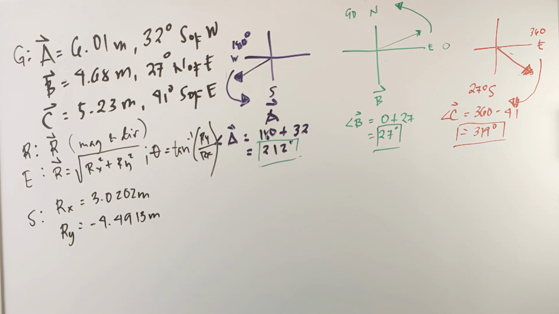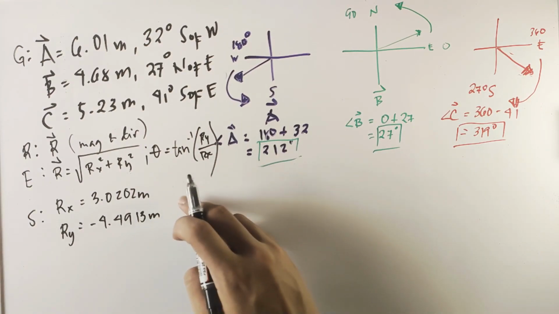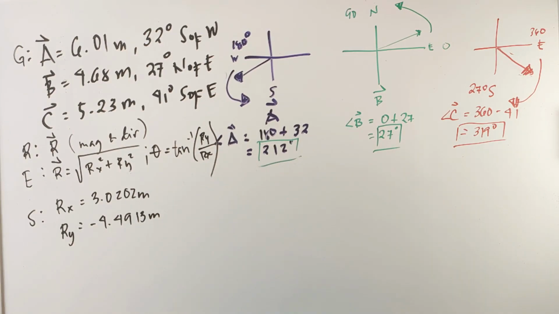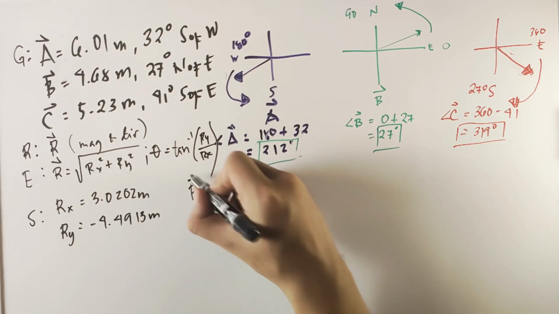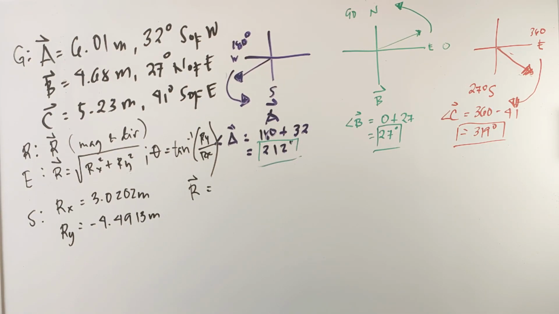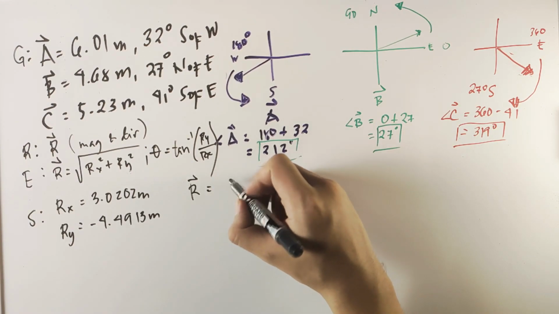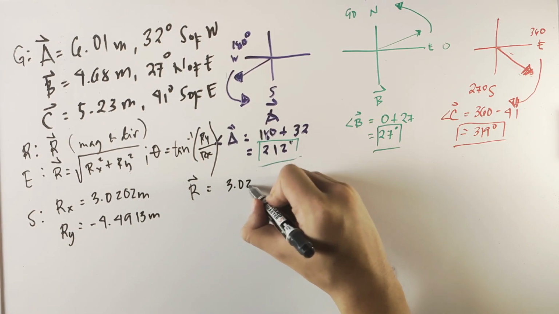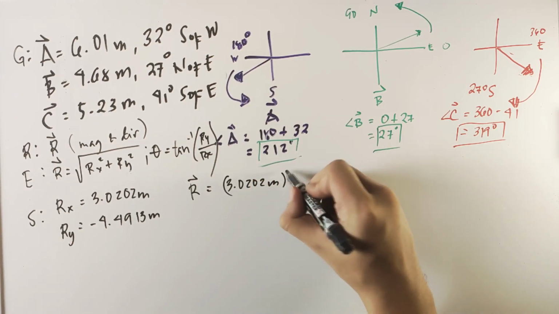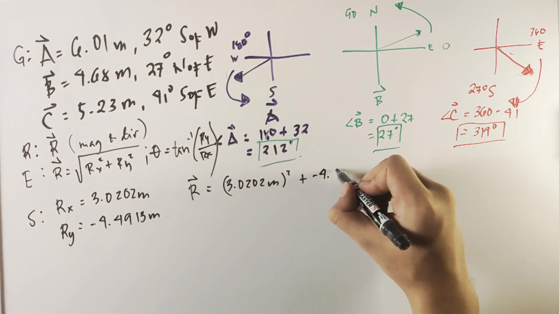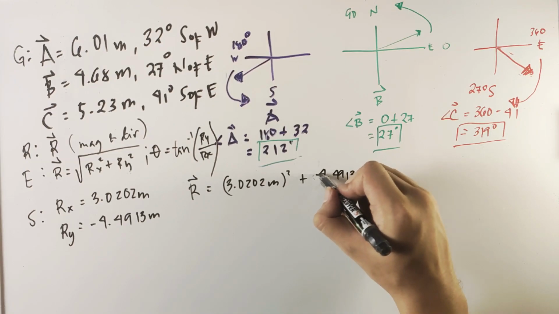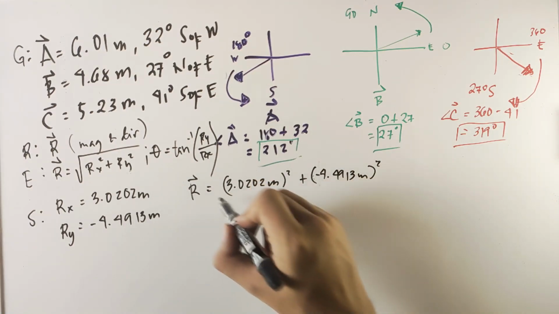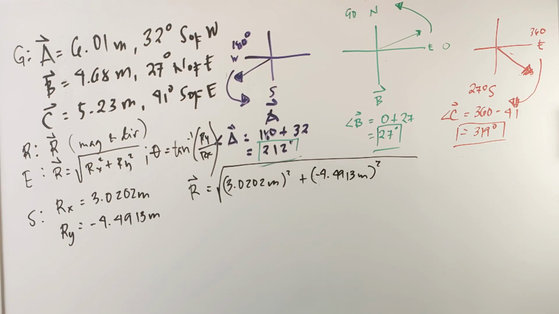Alright. So here are the results from the table that we have. So let's solve first for the magnitude. So vector r is 3.0202 meters squared plus negative 4.4913 meters squared, and we're going to place that inside parentheses.